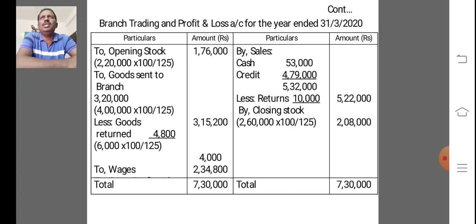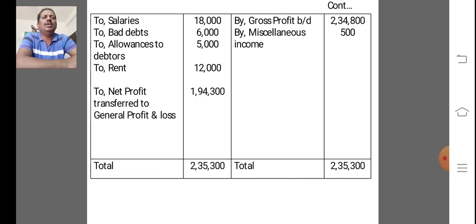The total on the credit side is 7,30,000. The difference is called gross profit 2,34,800 to be brought down to P&L account, that is credit side. By GP brought down 2,34,800.